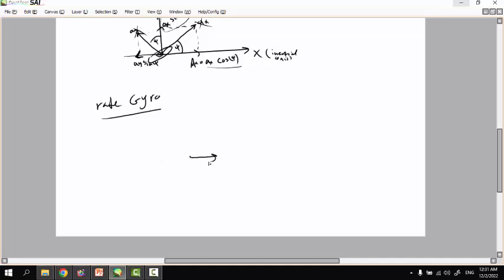We have the output from this sensor, which is fixed in the body axis, and we integrate it with respect to time from 0 to some time t, and we don't forget the initial condition, which is psi 0 at time 0, the initial yaw angle, and we get psi, which is the yaw angle.